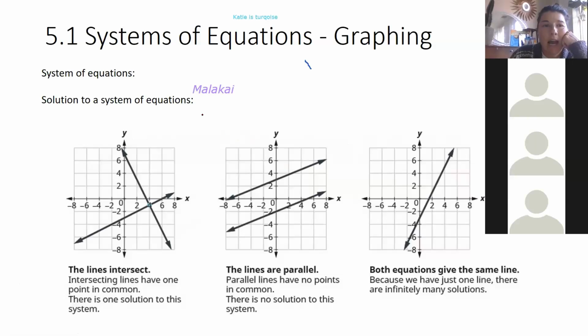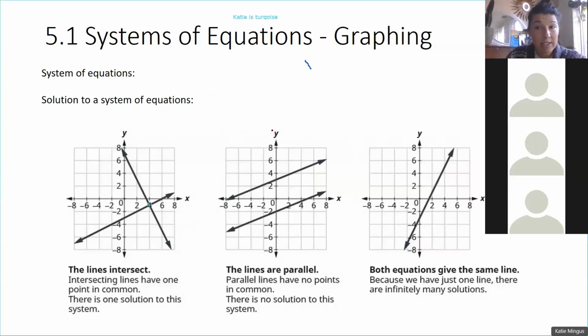Okay, so Unit 5 is all about systems of equations. A system of equations means more than one equation. A system could be two equations or two lines intersecting, or it could be even more than two.